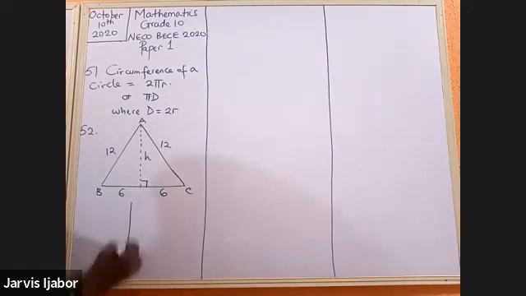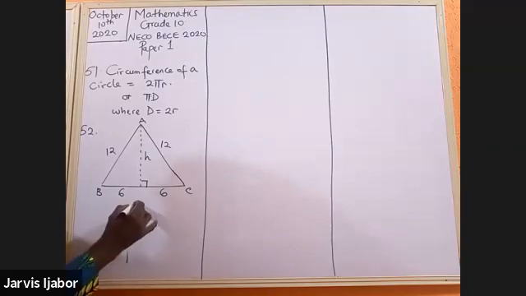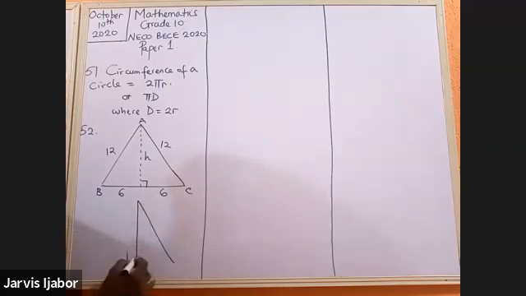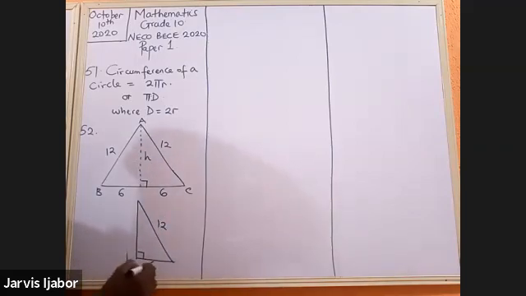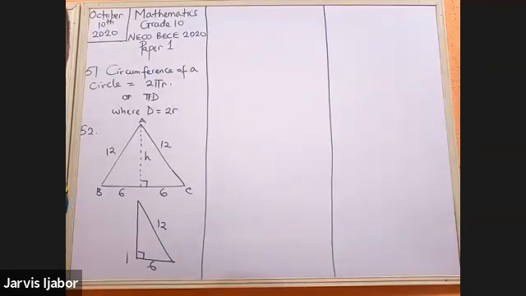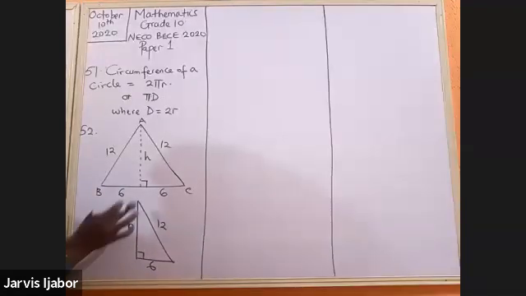Now, if you look at this very well, what we have is a right angle triangle, such that this is 12 and this is 6. We're going to look for this.